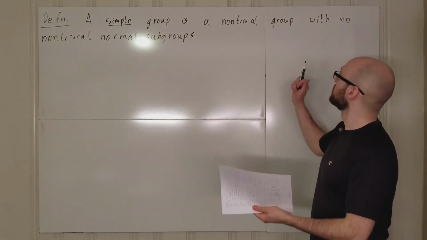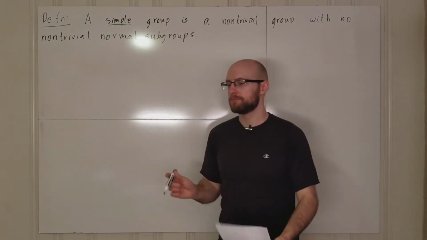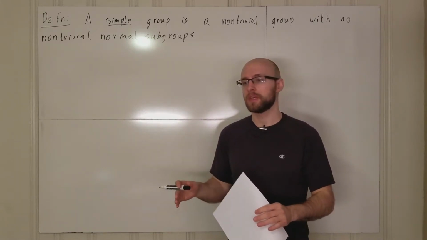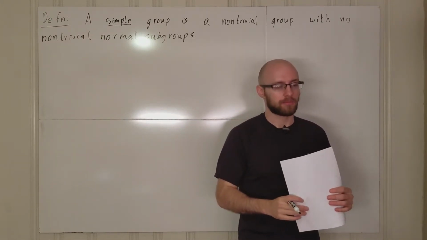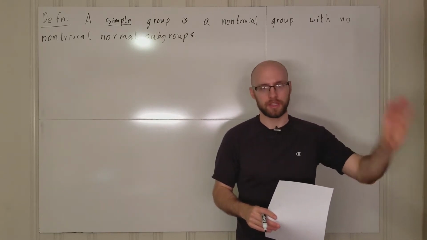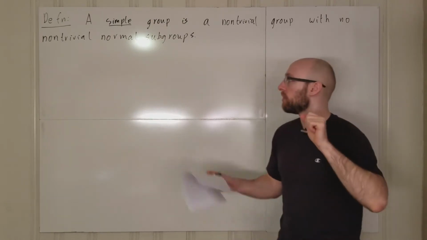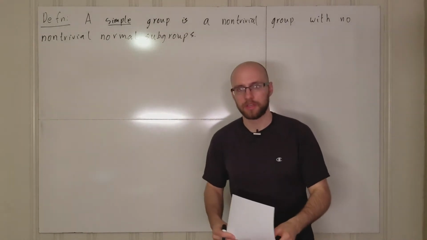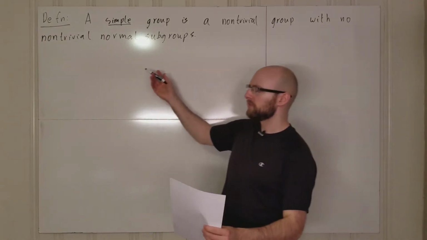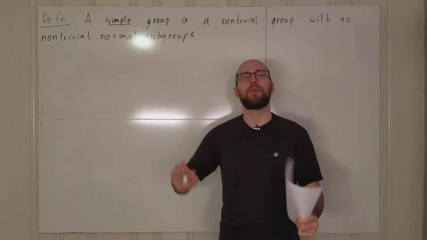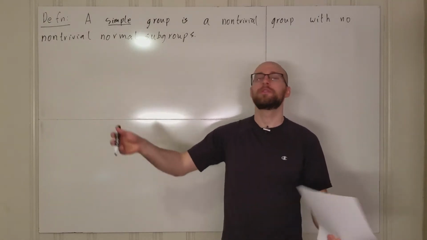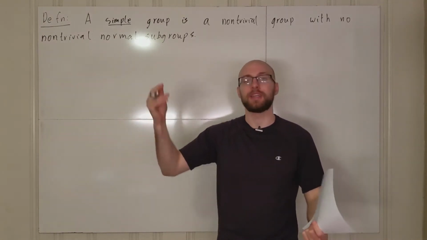And when we say no non-trivial normal subgroups, what we mean is that any normal subgroup is either going to be just the identity subgroup, i.e. just the element e, or it's going to be the whole thing. And certainly we call those trivial normal subgroups because in any group, the whole group is normal and the subgroup consisting of only the identity element is a normal subgroup.